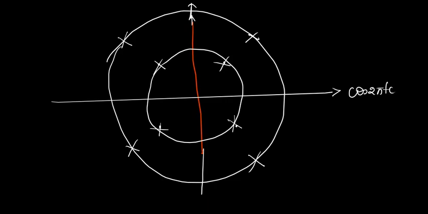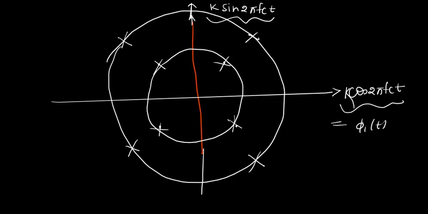QAM, and all the QAM constellations are 2D constellations with phi 1 t of this form and phi 2 of this form, where k is a normalization factor and all points satisfy this. They are a sum of phi 1 t and phi 2 t.